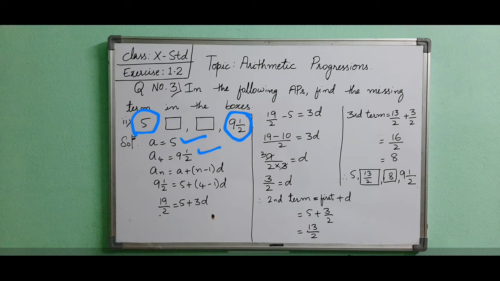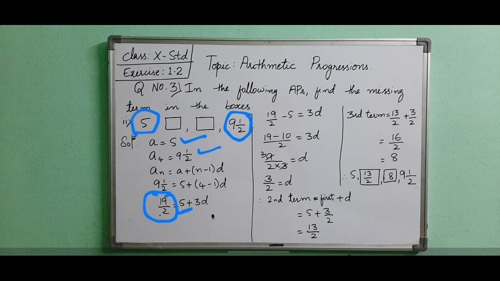Here an is 9 integer 1 by 2, which means 2 nines are 18 and 18 plus 1 is 19. That's why we write it as 19 by 2. A is 5, n minus 1, here n is 4 because the fourth term is an. Now 4 minus 1 is 3, so 3d. Then 19 by 2, this 5 when we shift it becomes minus 5, equals 3d.